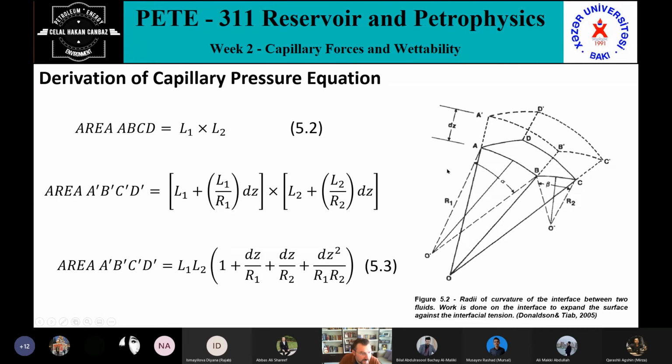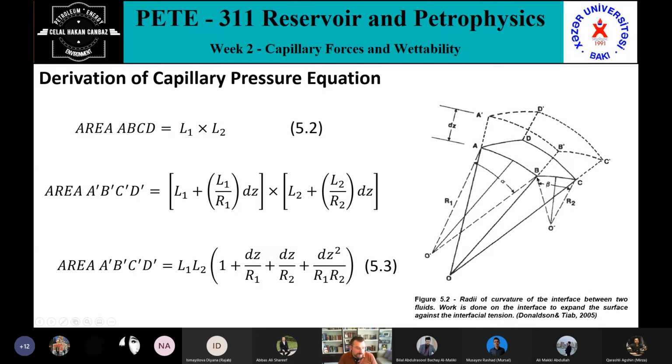We said this is a curvature, so there will be a center of the L1 curve, we call it O prime. There will be a center of the BC, L2 curve, somewhere like this, with a semi-diameter of R2.